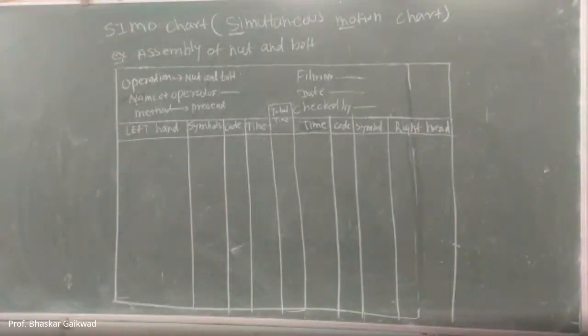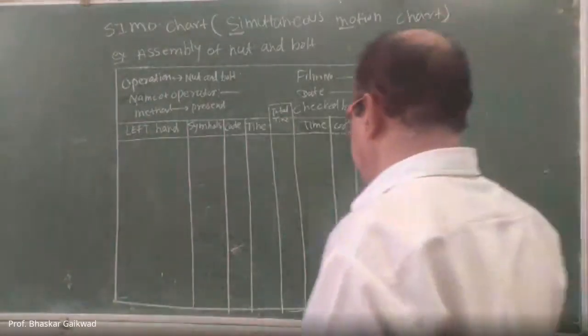So first, what is our operation? Nut to bolt assembly. Let us go through this first symbol. What is that first symbol? That is two bolts and two nuts.